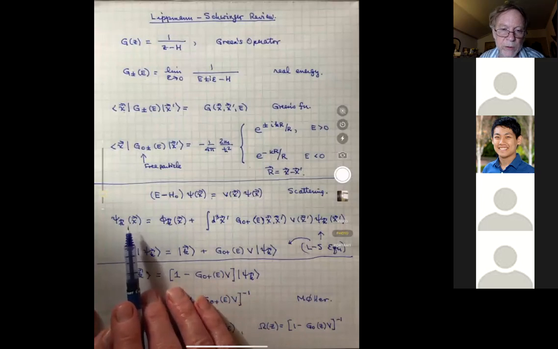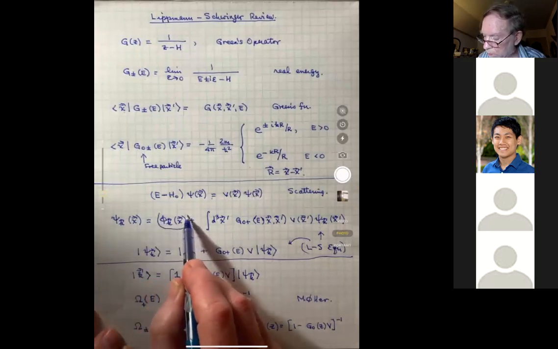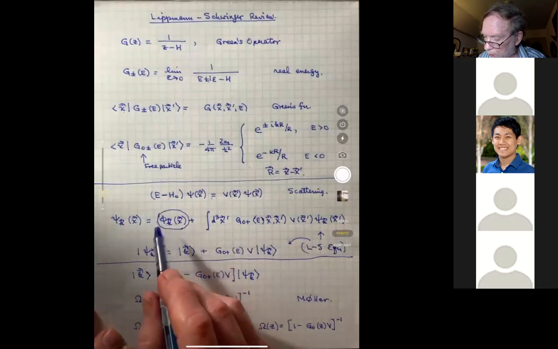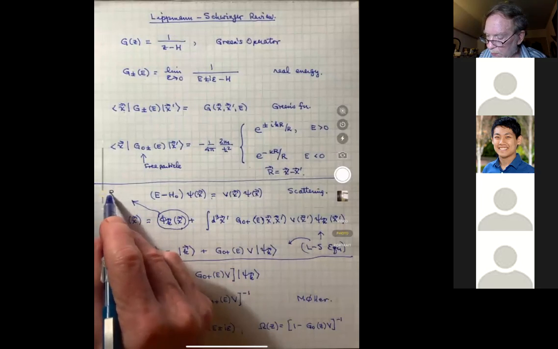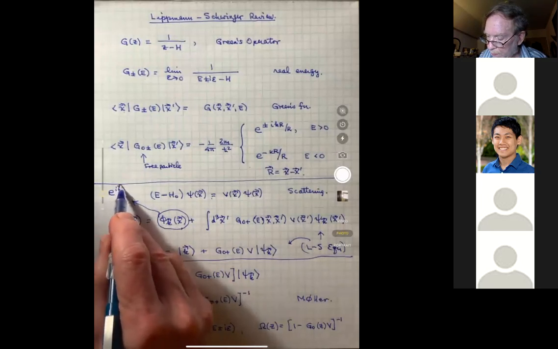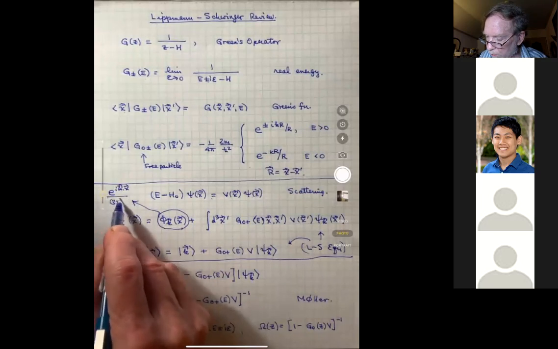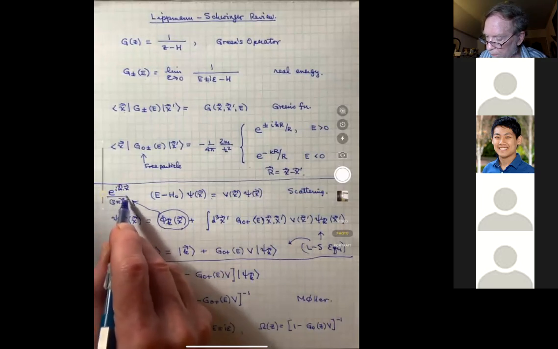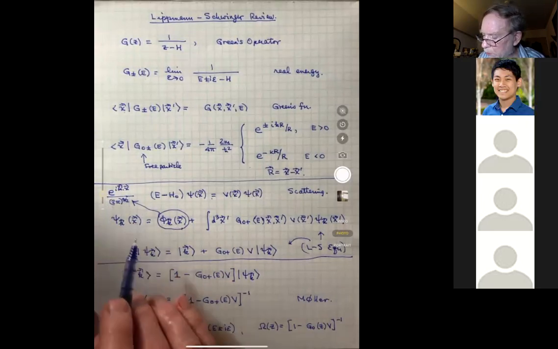This is a scattering solution. This phi sub k, by the way, tonight and also in the previous lecture, is a free particle. The wave function is e to the i k dot x, and it's normalized by dividing by 2 pi to the 3 halves, which gives you a convenient delta function normalization.